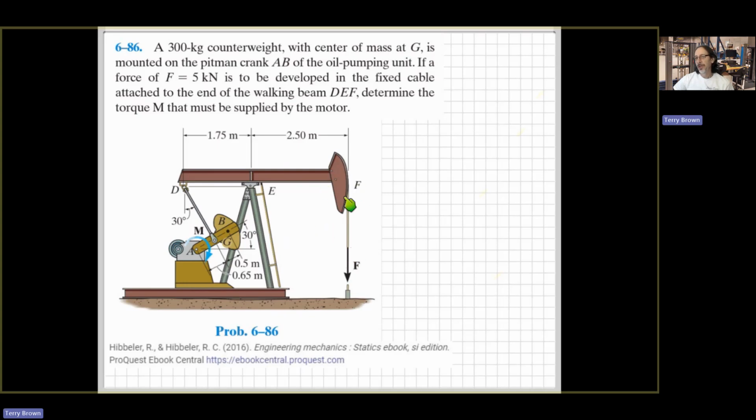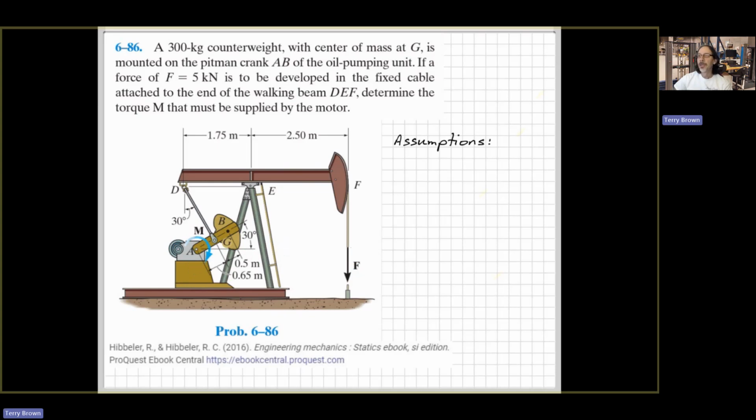So if we have a force here of 5 kilonewtons that we need in order to do whatever this pumping unit needs to do, then we need to work out from that the amount of torque that the motor must supply to the counterweight. Okay, so let's work our way through this using my iPad app.